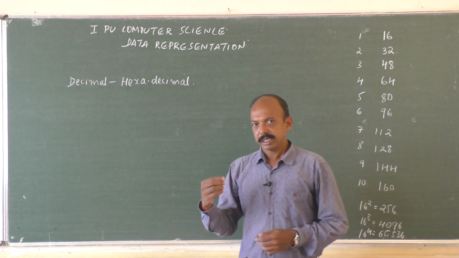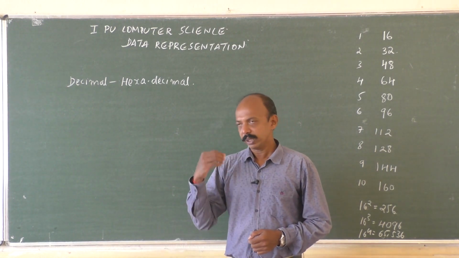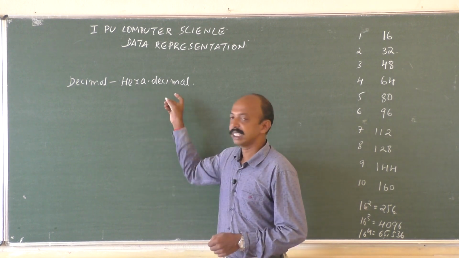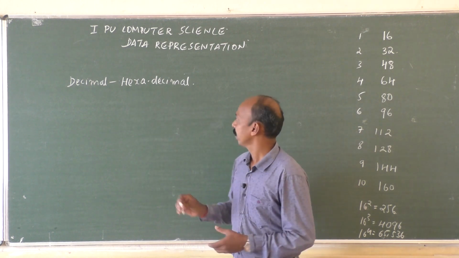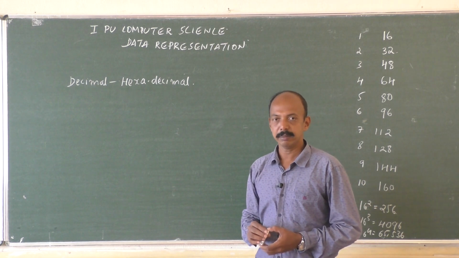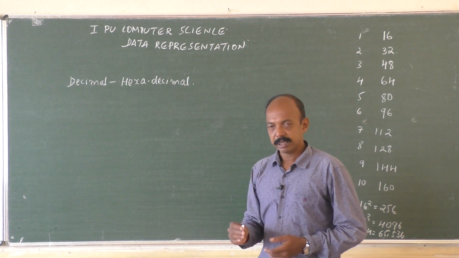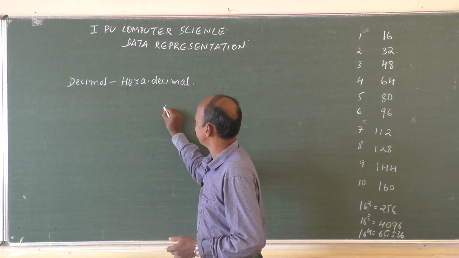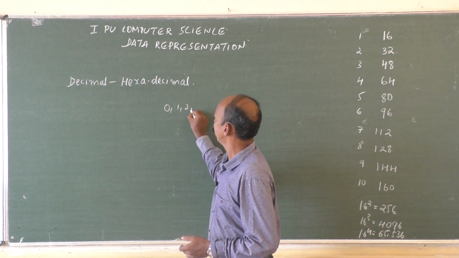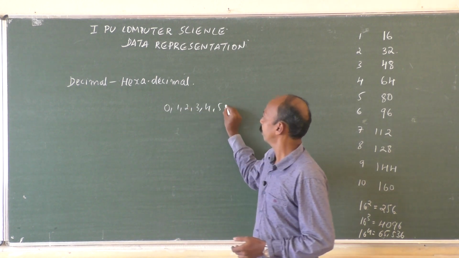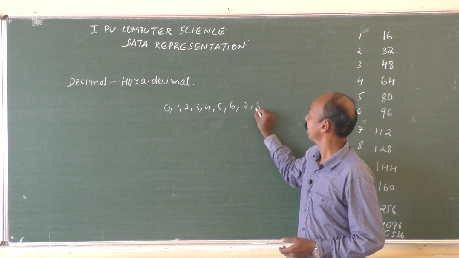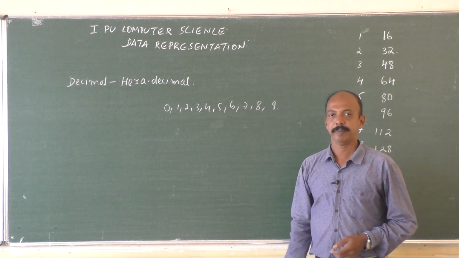We have seen different number systems, but let us once again recall the hexadecimal number system. Just like the decimal number system, we have 0, 1, 2, 3, 4, 5, 6, 7, 8, 9.